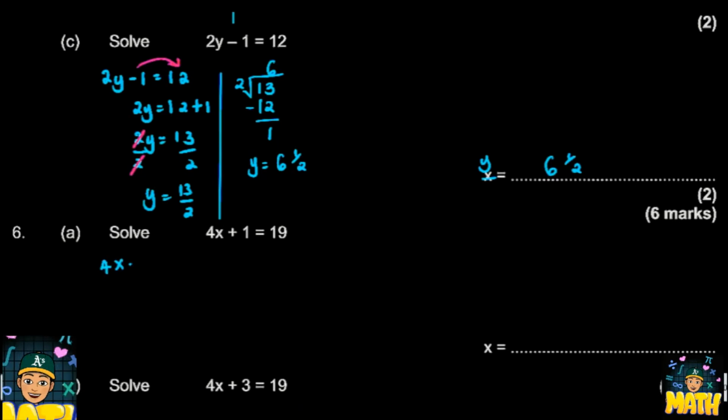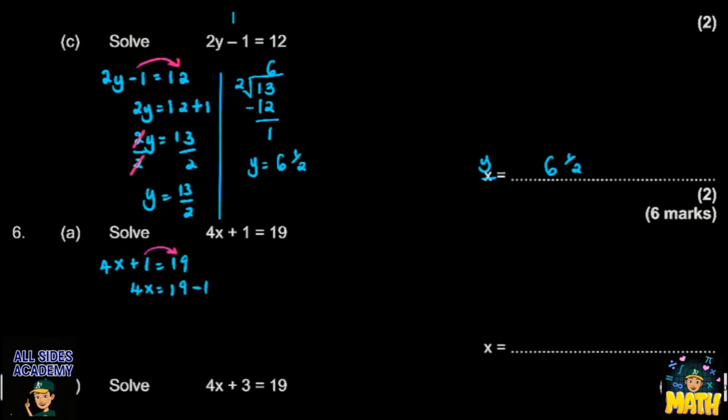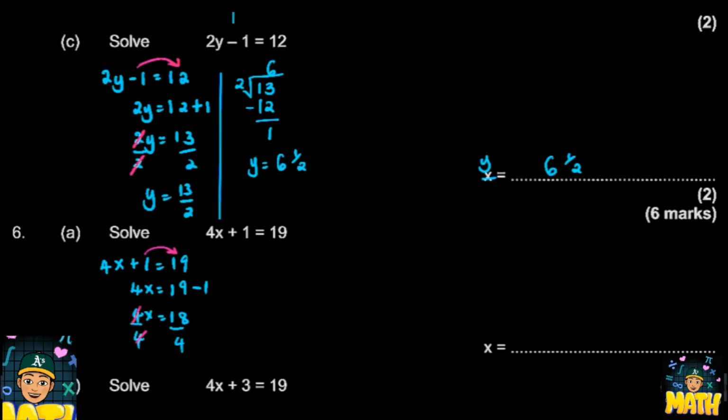4x plus 1 equals 19. I take the 1 to the other side, so it becomes negative. So 4x equals 19 minus 1. 4x equals 18. Divide by 4 on both sides. The two 4s will cancel out. So I remain with x equals 18 over 4.